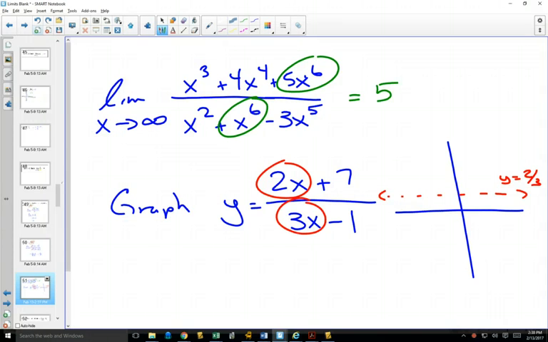As x gets really, really big, that means your y value is going to get really close to 2/3. And your graph had something like this, right? Because at your non-permissible value, you had another asymptote. So we had this idea already last year, but now we're extending it to bigger numbers.